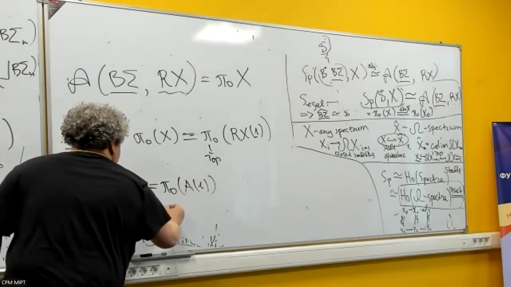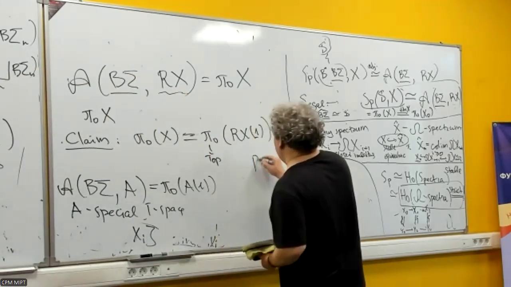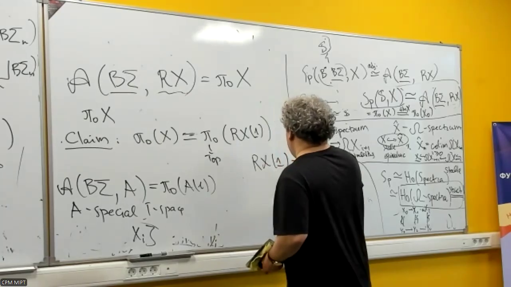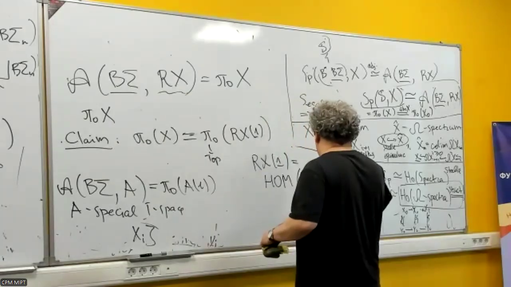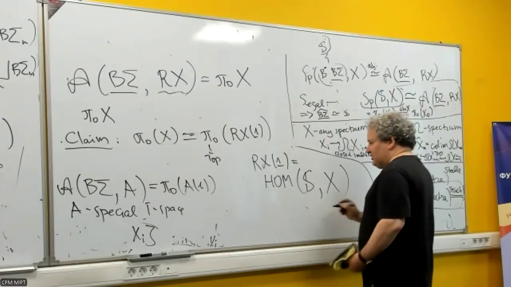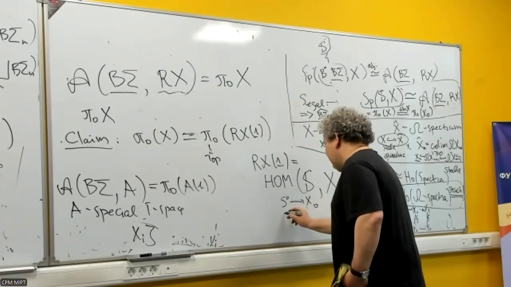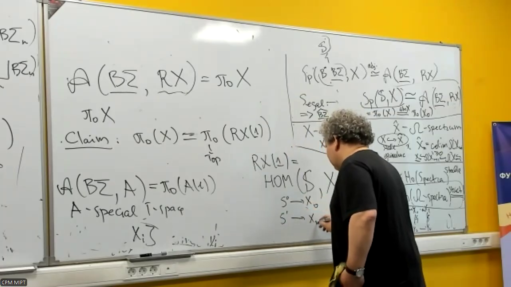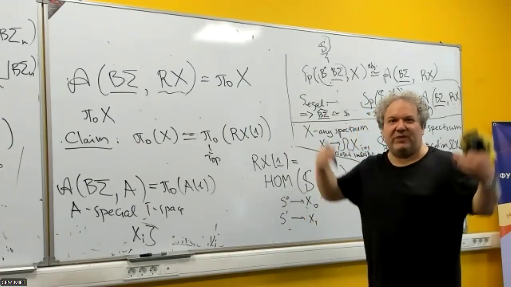So the idea is that with this trick I can eliminate this spectrum S and work completely with Gamma spaces. What is Rx1 by definition? It's the hom from the sphere spectrum to X. For a map of spectra, what does it mean? I have S0 to X0, then S1 to X1 and so on, which commute with the suspension functor. It should be a strict map of spectra.